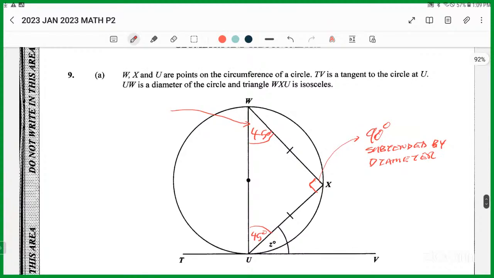So it becomes 180 degrees minus 90 over here, divided by 2, which is 45 degrees. Total angles in the isosceles triangle.